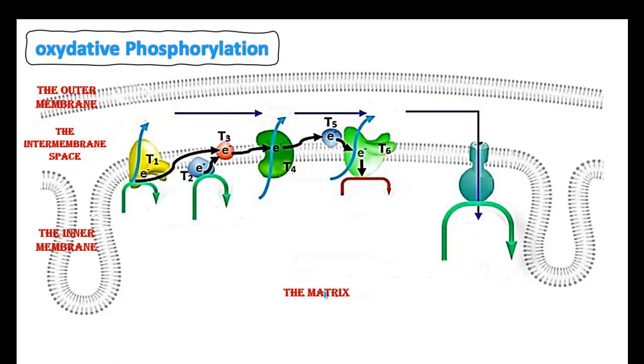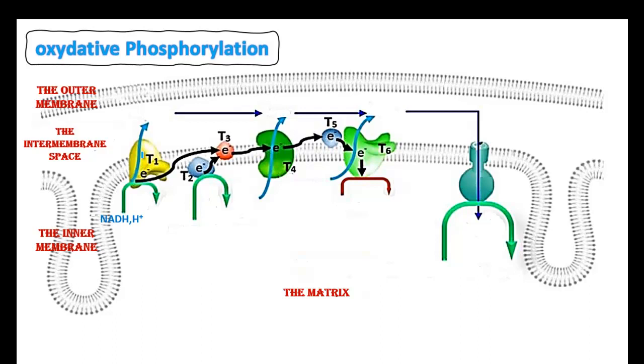Initially, in the matrix, we saw that we have the Krebs cycle reaction, so we will have the production of NADH and FADH2. Let's start with NADH. We said that this molecule is going to be converted into ATP, and to make that happen, NADH is going to be reoxidized at the inner membrane of the mitochondria, especially in complex number 1.